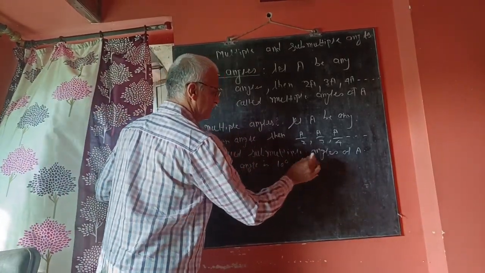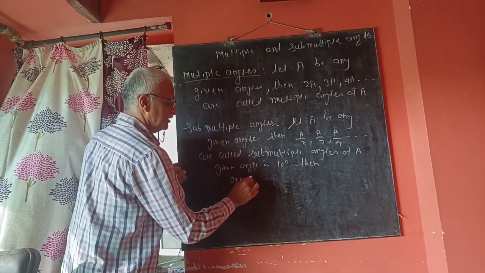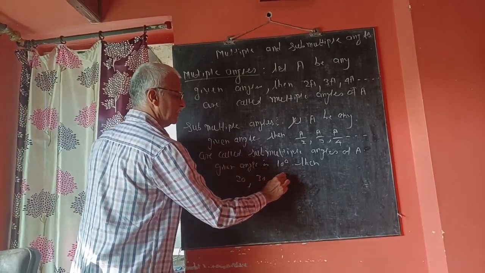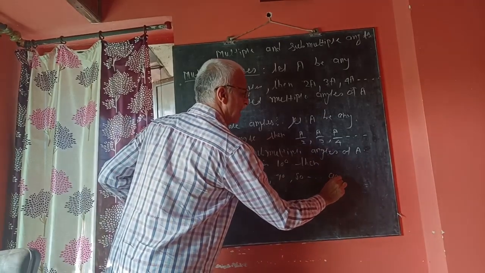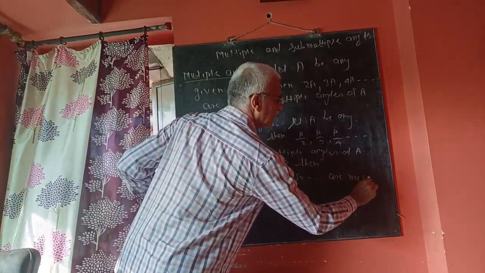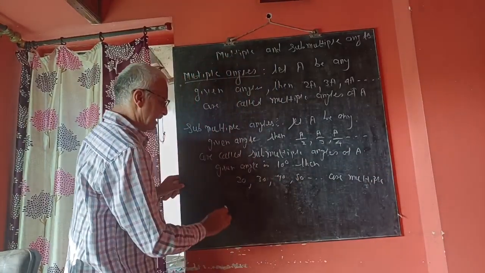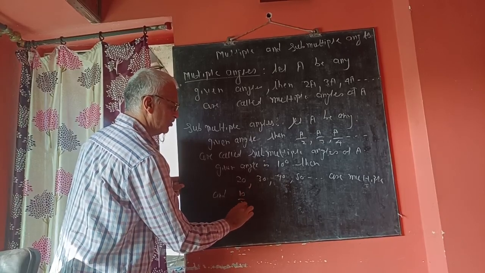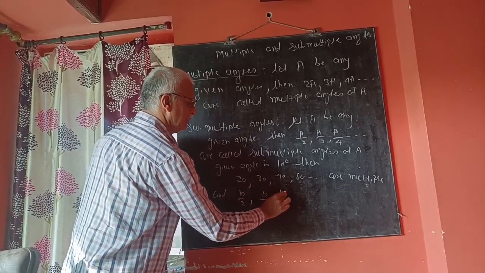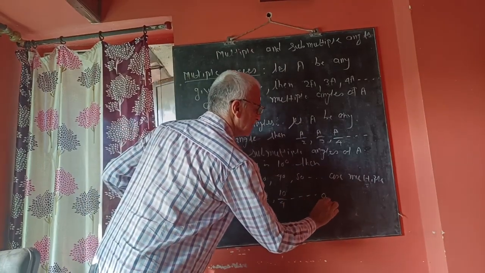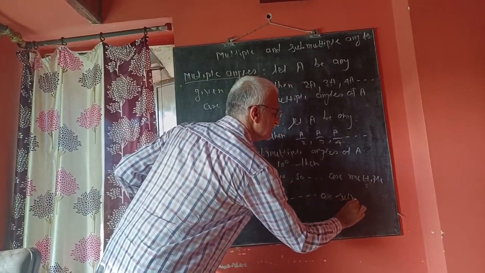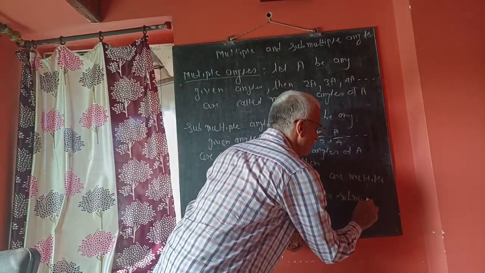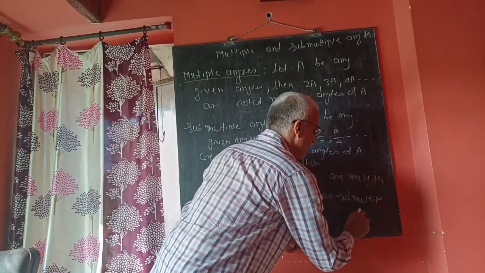Then 2 into 10, or I can write directly 20, 30, 40, 50 and so on are multiple angles. And 10 upon 2, 10 upon 3, 10 upon 4 are submultiple angles.